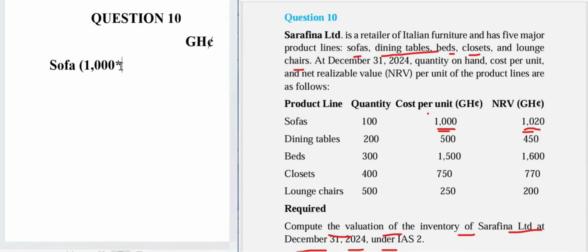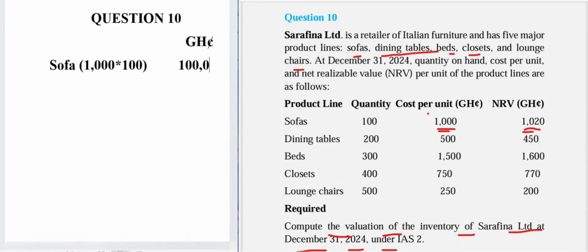Then you multiply it by the quantity, as simple as that. And that will give us 1,000 cedis by 100. The quantity is 100. So that'll give us 100,000, right? So it's very simple.